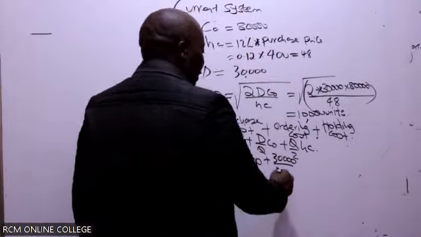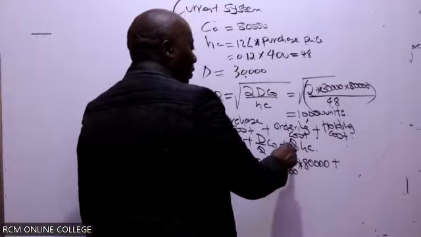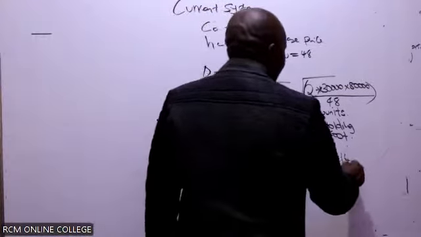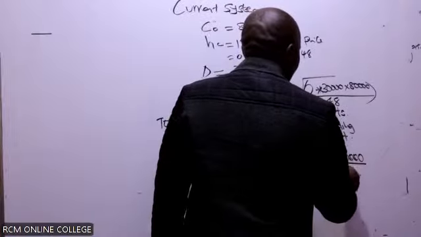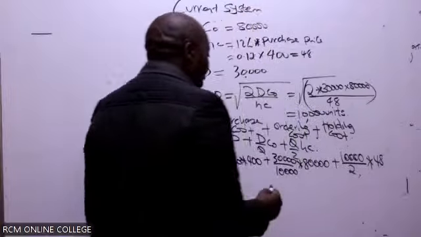This is the EOQ now, times our Co. Our Co is 80,000. Plus our EOQ, which is 10,000, divided by 2, multiplied by the holding cost that you gave me, as 48.